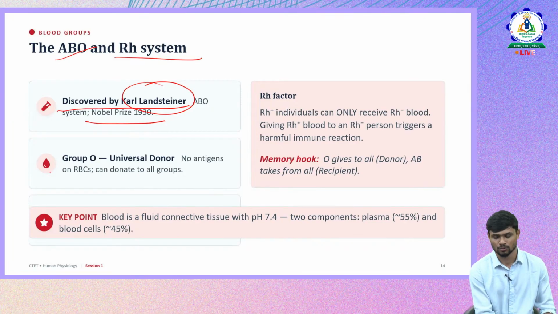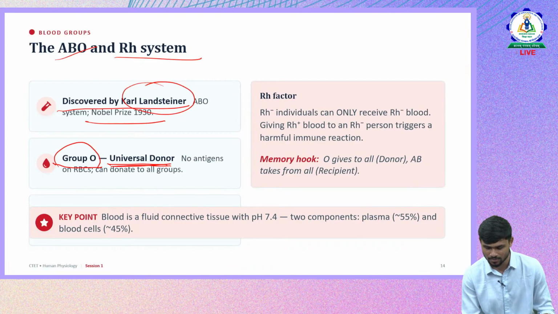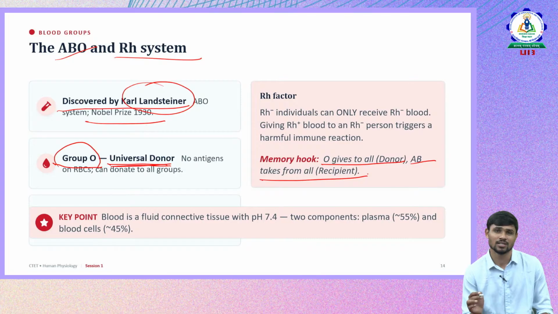Remember two major facts here: blood group O is the universal donor. O gives to all. Sorry, the universal receptor is AB. AB takes from all.